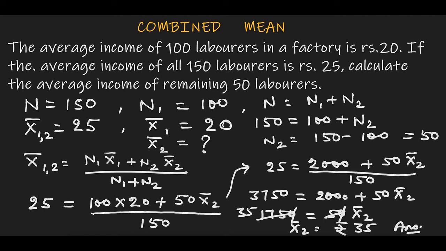So rupees 55 is the average income of the remaining 50 laborers.